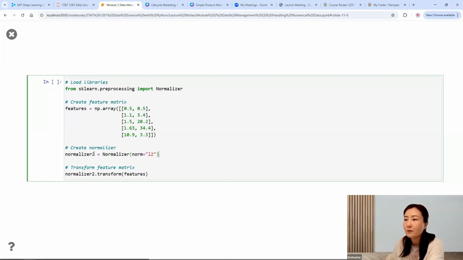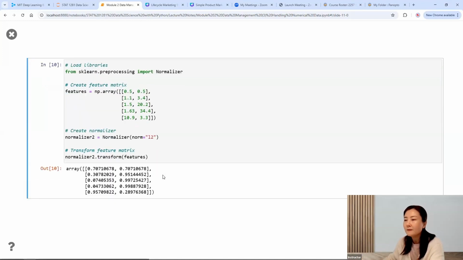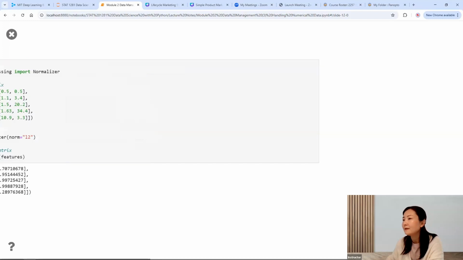Call it normalizer 2, and then directly transform the features matrix. So this is the transformed features. You can verify that if you square the first term and square the second term and add them up, it should be equal to 1, and taking the square root, it should be equal to 1. You can verify it easily.